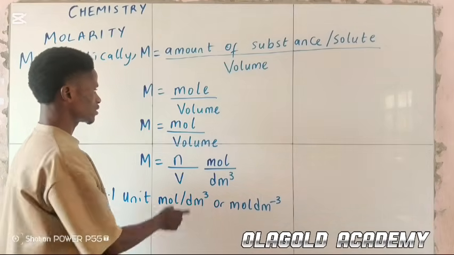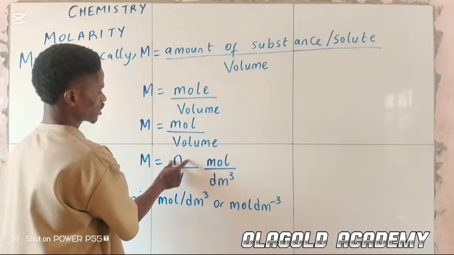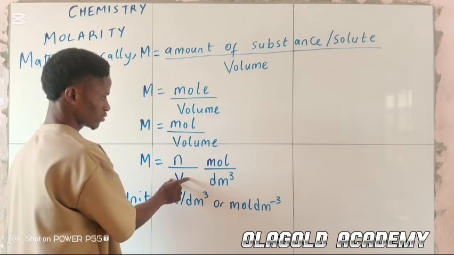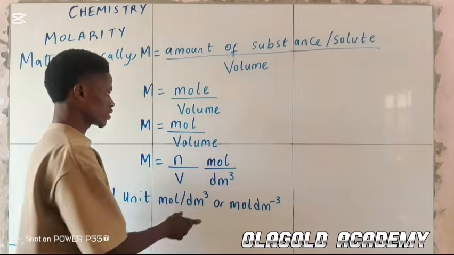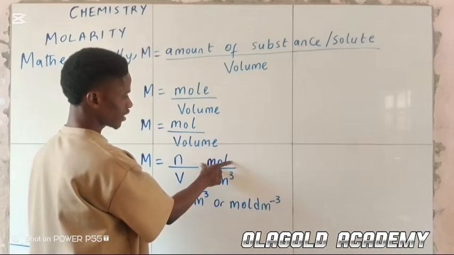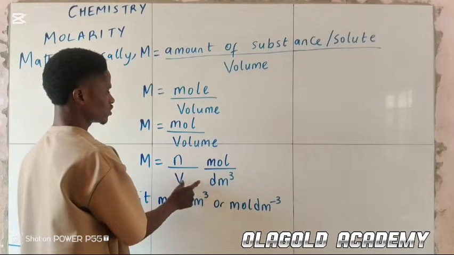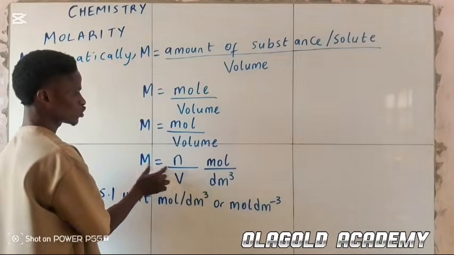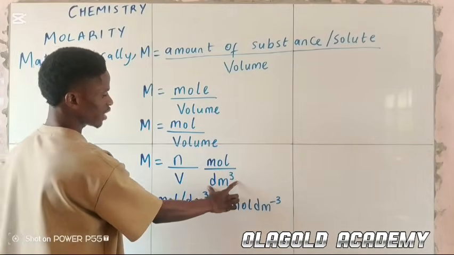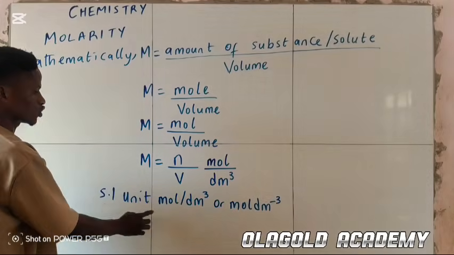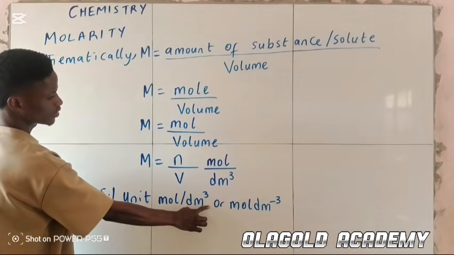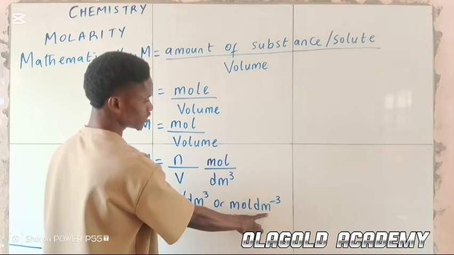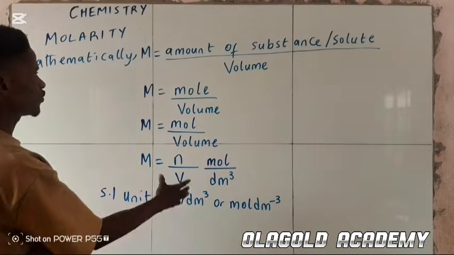The symbol for mole is small letter n, and the symbol for volume is capital letter V. We measure mole as mol, and we measure volume in dm³. So this gives us the SI unit for molarity, mole per dm³.